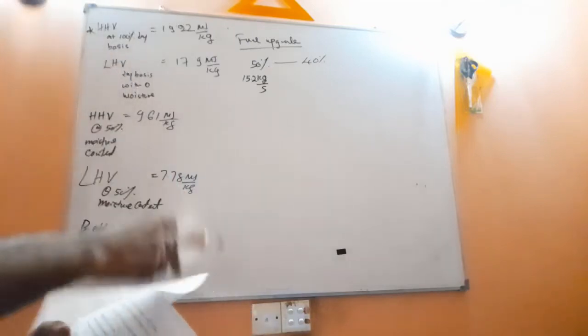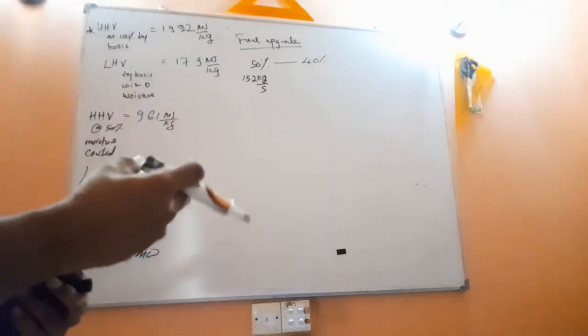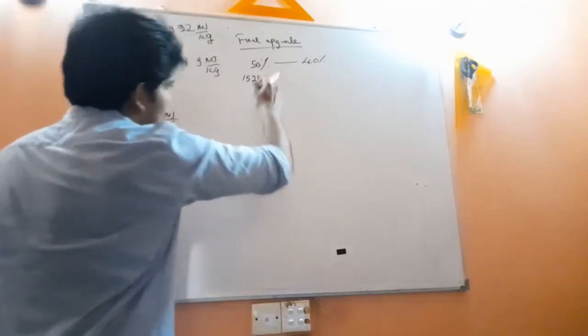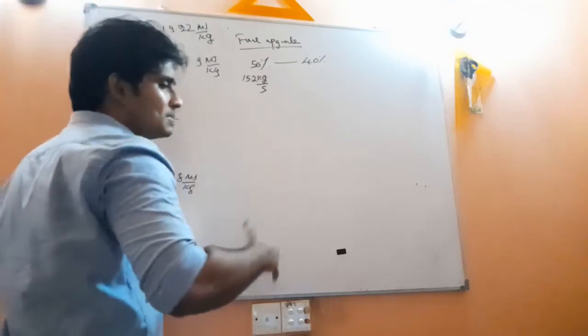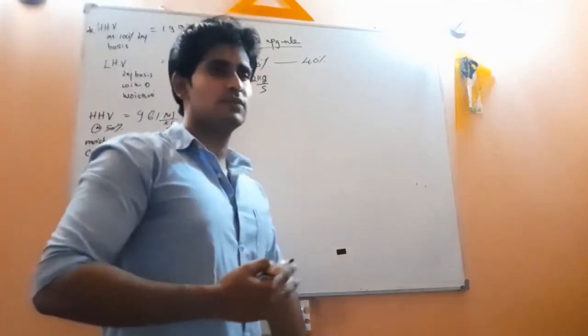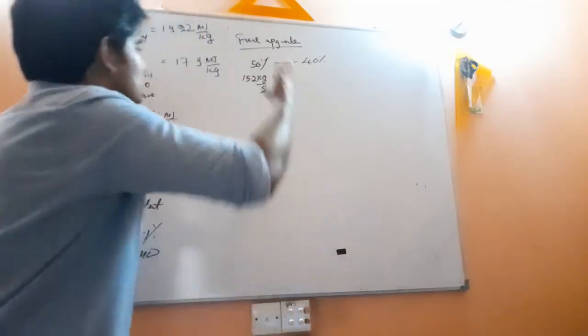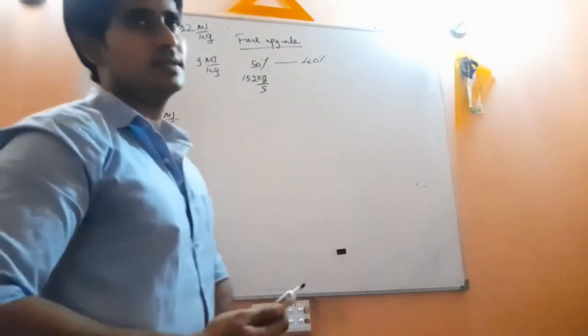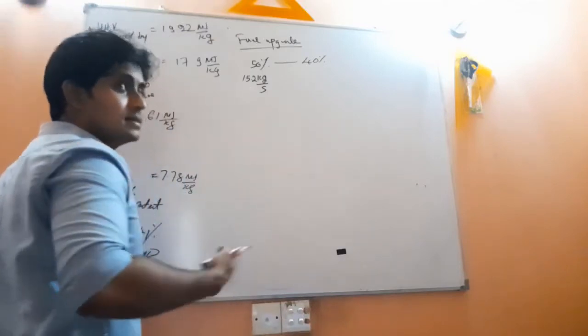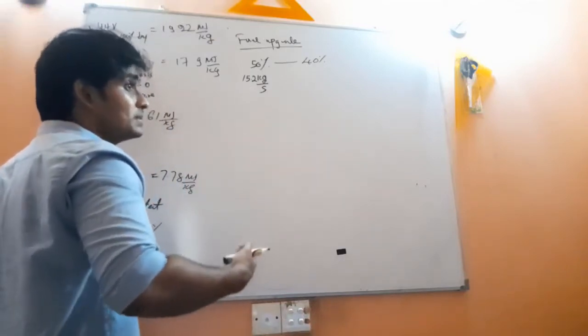As you know, 15.2 kilograms per second means per second 15.2 kilograms of the fuel is given, but it has a moisture percentage of 50%. So among this, 50% is the actual dry fuel and the other 50% is water.